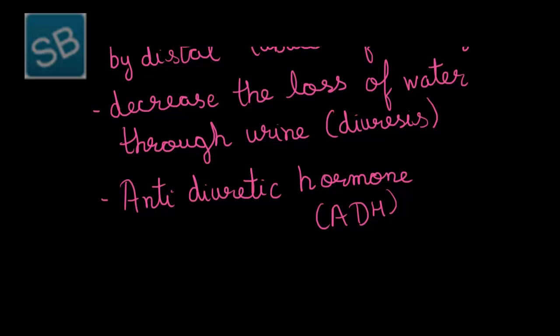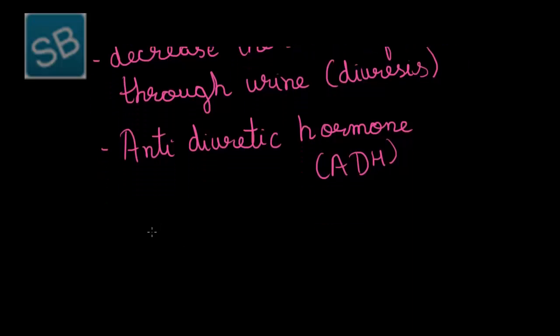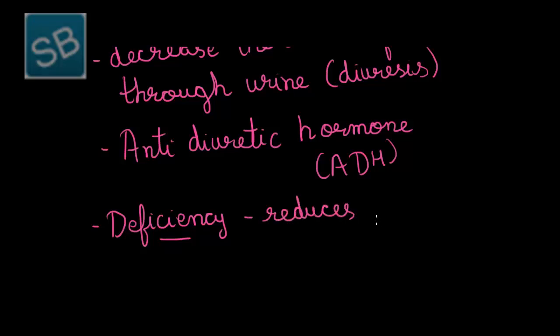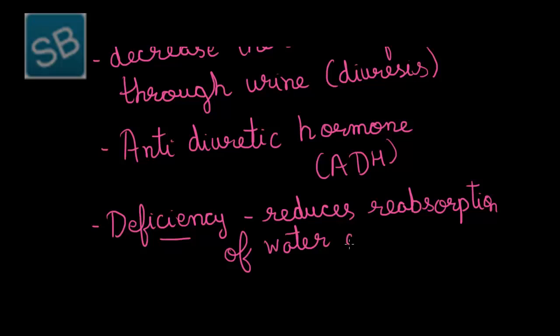The deficiency of ADH or vasopressin reduces the reabsorption of water and thereby results in increased urine output.